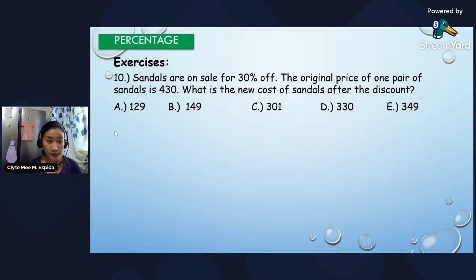Let's have number 10. Sandals are on sale for 30% off. The original price of one pair of sandals is 430. What is the new cost of the sandals after the discount? Okay, for number 10.